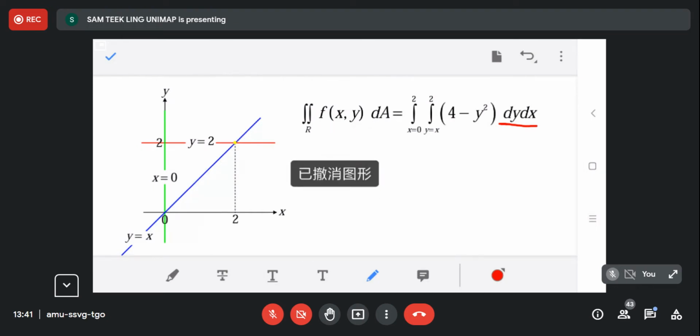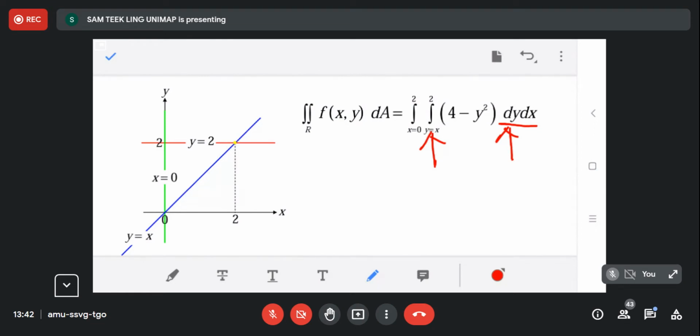Now we can see the limits. For dy dx, first you integrate dy. So the first integral is dy, the y limit. This one is closest to the bracket around f(x, y), so you integrate it first.